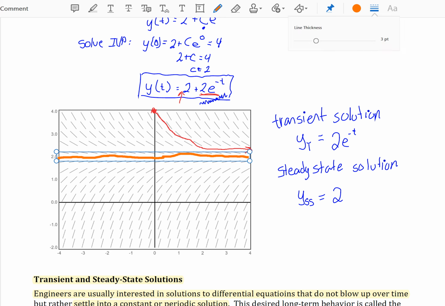So if I were to include in our graphic a couple other typical solutions, we can see that other solutions do approach this steady state solution. I can't draw very well today.